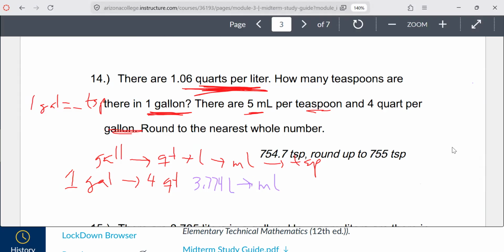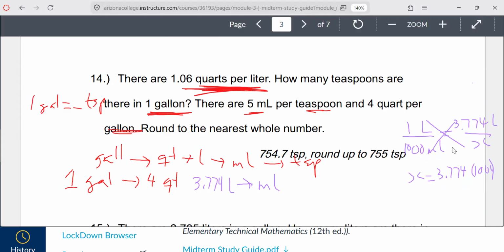So 1 L is 1,000 ml, equals 3.774 L over X. And then you cross multiply. 1 times X is X, so you've got 3.774 times 1,000.